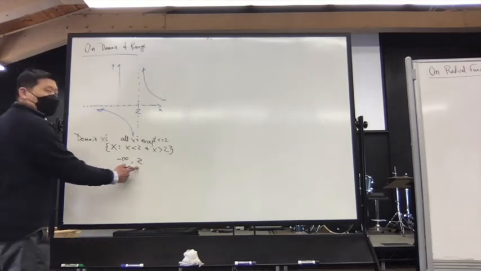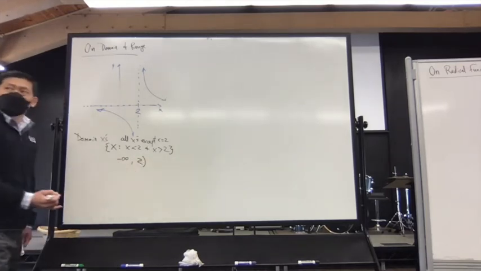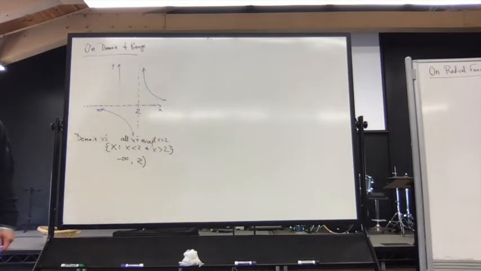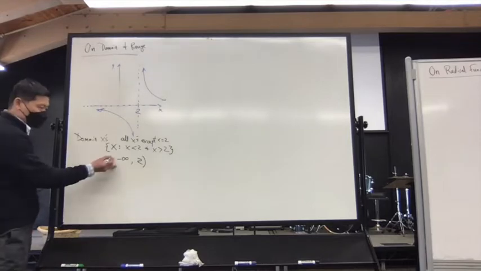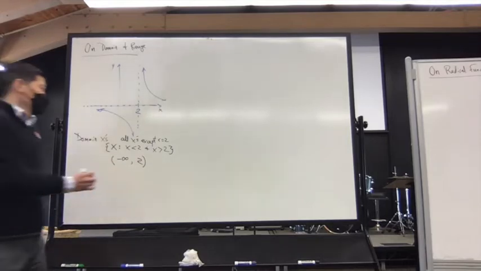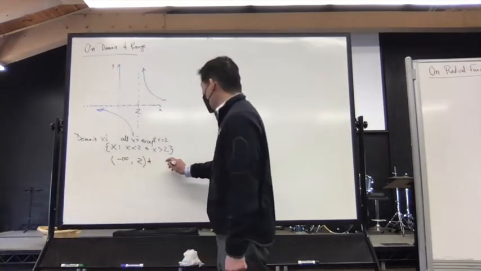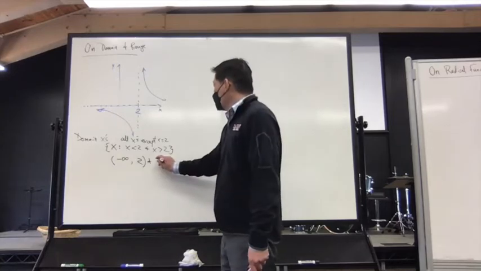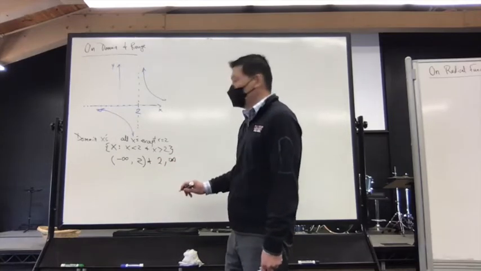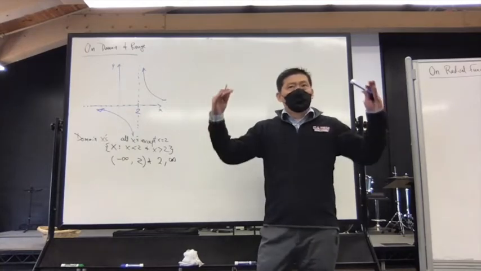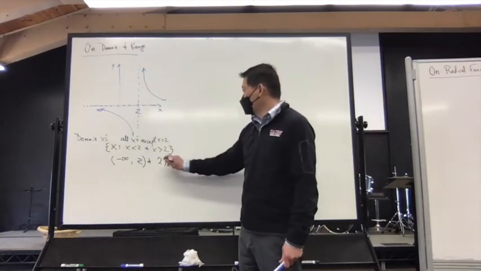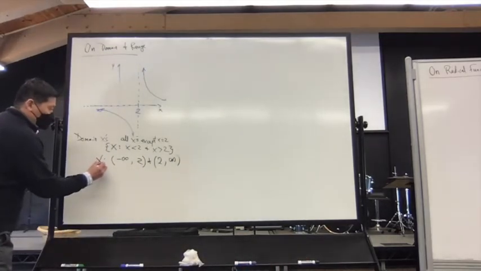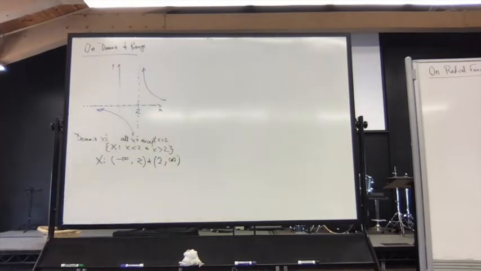Because it does not include 2, you put a parenthesis. Infinity is not a destination, so you put a parenthesis there as well. Again, x bigger than 2 is all the x values between 2 and positive infinity, and you put a parenthesis around it, and you can say that's the domain. And the way you demonstrate domain is x colon.